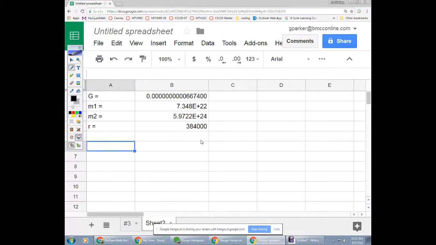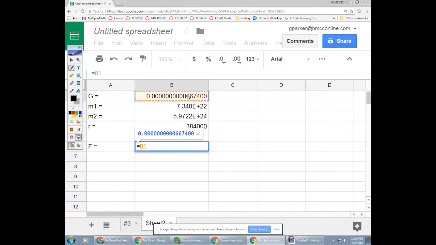All right, so the force, help me out here, is equal to, I just multiply the first 3, right? Equals this number times this number times this number. And then what do I divide by, the radius or the radius squared? Radius squared.